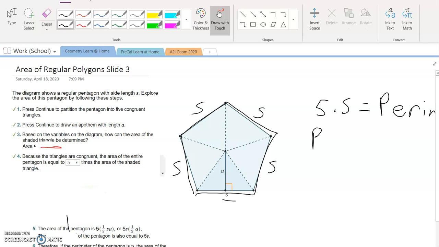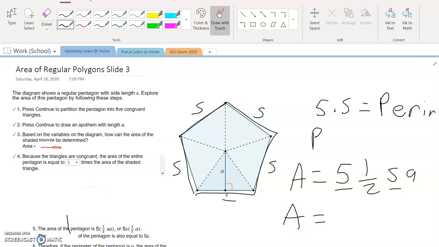All right. So if we take the formula for area, we know it's going to be 5 times the area of the triangle, and we replace 5 times S with P, the area equals 1/2 P, perimeter times apothem.